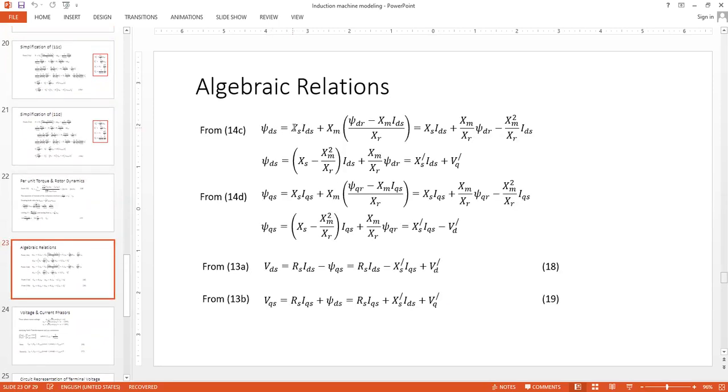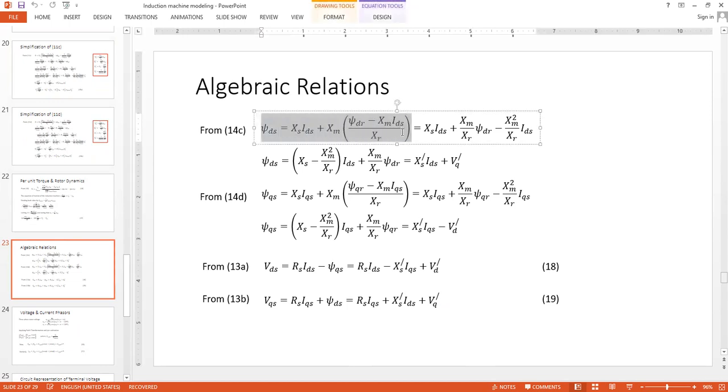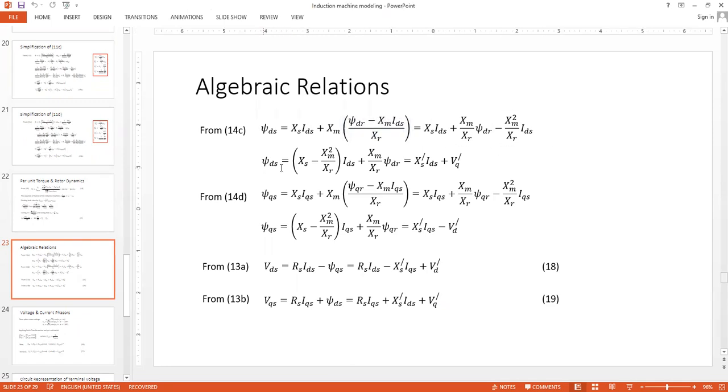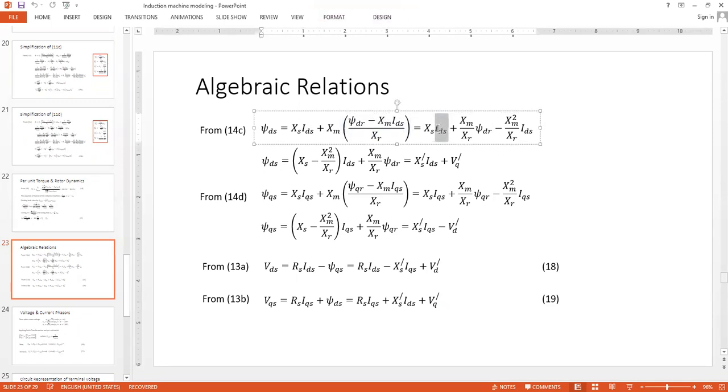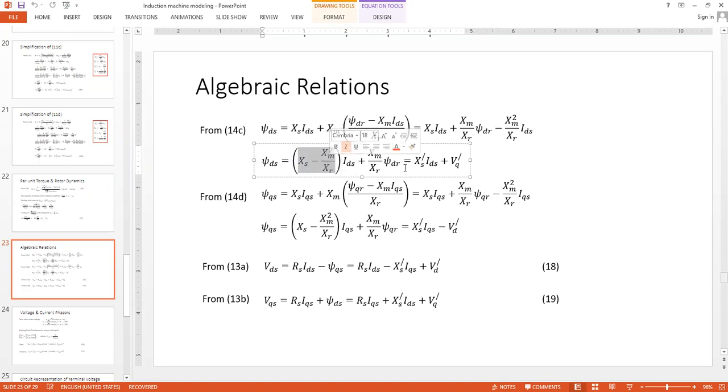Psi ds, this first part is nothing but the repetition of 14C. And from here, we have simply gotten rid of the brackets. This is the expanded form. And then there is some grouping because you can see IDS there and IDS there. After the grouping for IDS, you get XS minus XM square over XR. And if you can remember, this is nothing but your XS dash. So you have psi ds equals XS dash IDS plus VQ dash.